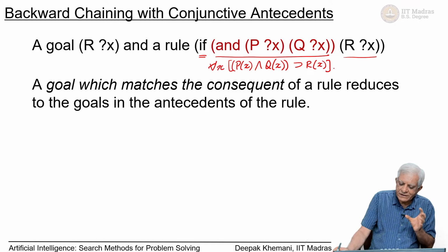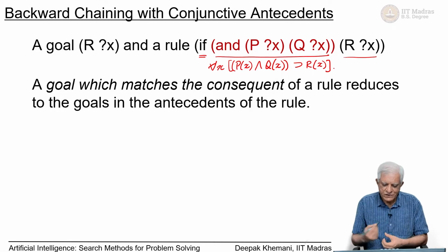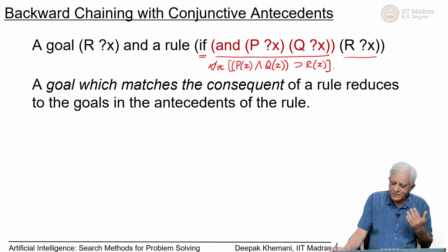But what we are interested in is a rule which has more than one thing on the left hand side. It has a conjunction on the left hand side, P x and Q x. How do we handle such rules? Supposing we ask a query: is it true that there is an x which is an R?